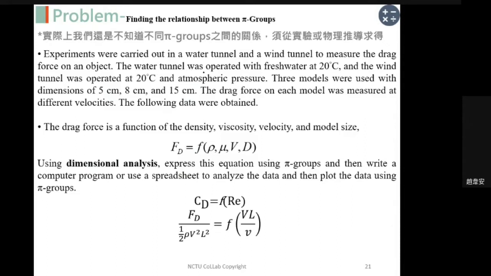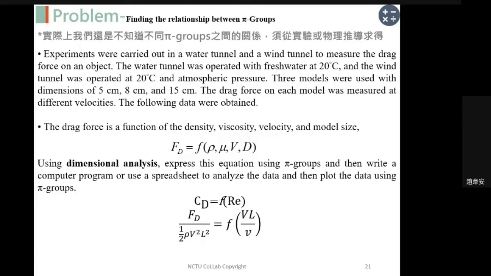The water tunnel was operated with fresh water at 20 degrees, and the wind tunnel was also operated at 20 degrees and at atmospheric pressure. Three models were used with dimensions of 5, 8, and 15 centimeters. The drag force on each model was measured at different velocities.